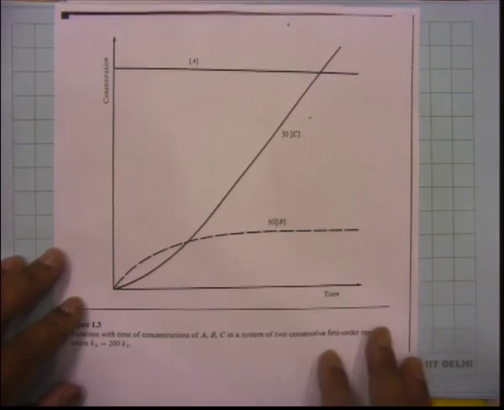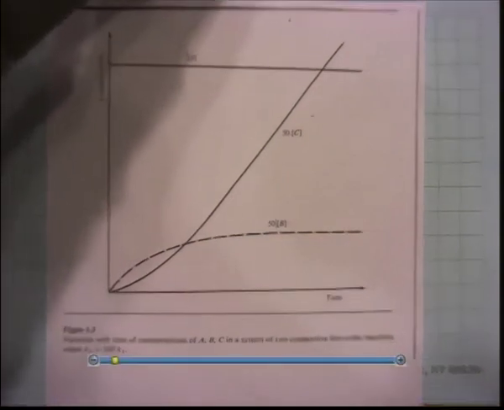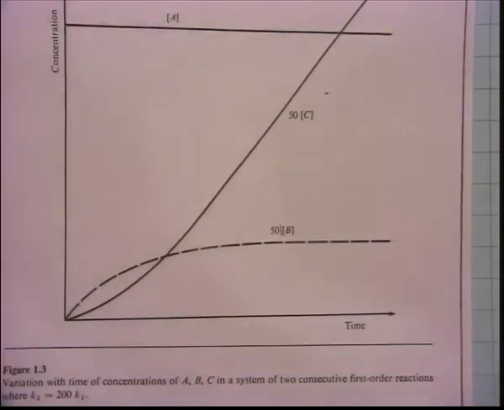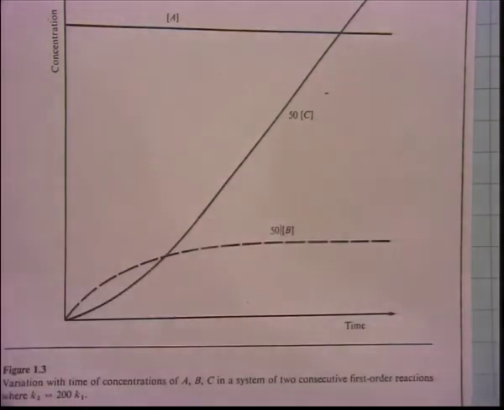What I was actually telling you is that if you have K2 equal to 200 times K1, the concentration of B remains small, but it's not decreasing with time. Since it is not decreasing, the concentration of C in fact keeps on increasing as a function of time.